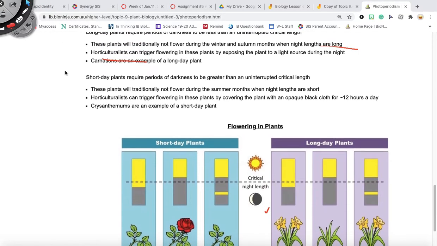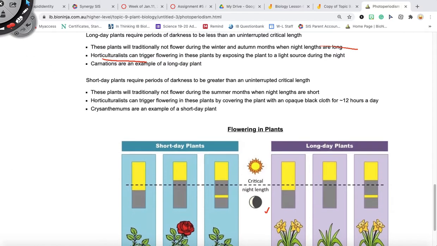So let's move this up a little bit more here. All right, so let's start with these long day plants. So long day plants, remember, require periods of darkness to be less than the uninterrupted critical length. So these long day plants have a short night. So they need to have a short night, right? Because PFR, phytochrome far red, acts as an activator.